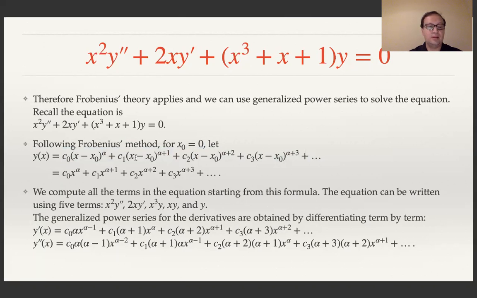In our case, the starting point is 0, so the generalized power series can be written as C0 x to the alpha plus C1 x to the alpha plus 1 plus C2 x to the alpha plus 2 plus C3 x to the alpha plus 3, and so on.